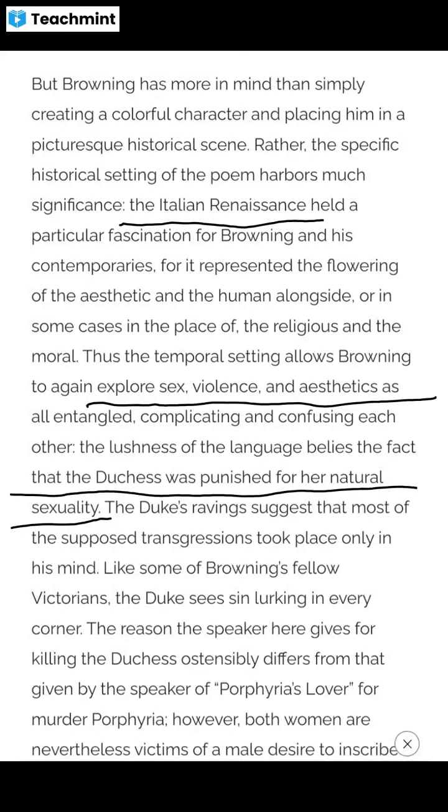However, both women are nevertheless victims of a male desire. The male's desire is that a wife should be like this, a wife should be like that. These things you find.